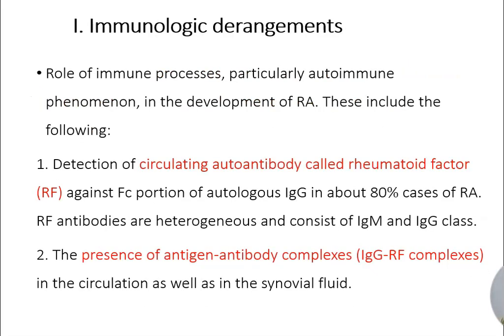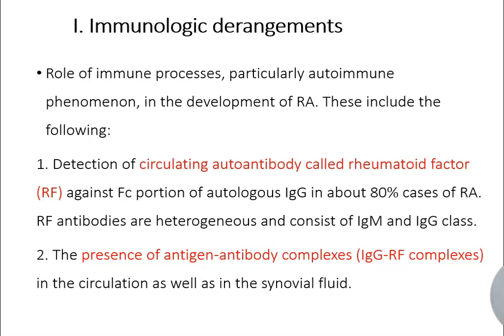We see two types of possibilities: one is immunological derangement, and the second is triggering factors. In immunological derangement, the role of the immune process is very crucial, where the autoimmune mechanism may start, and that initiation of the autoimmune process may lead to the development of rheumatoid arthritis.